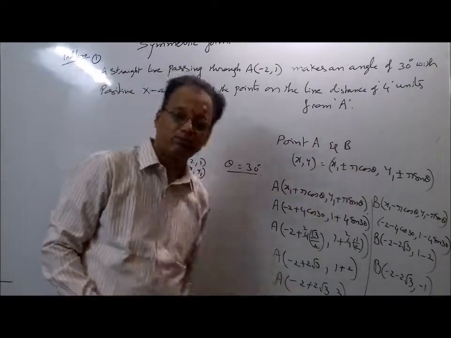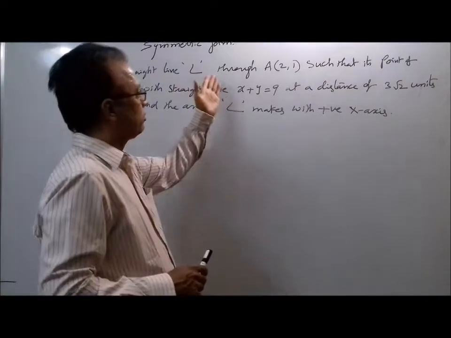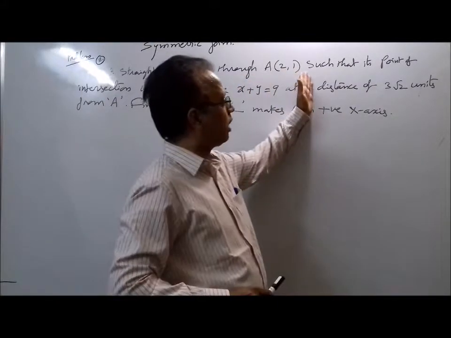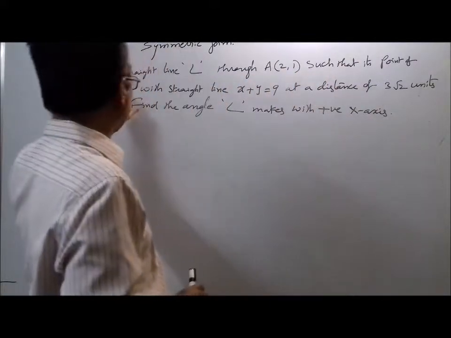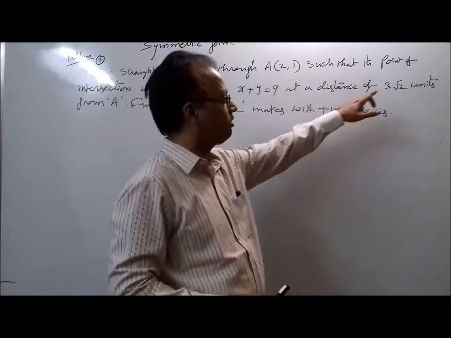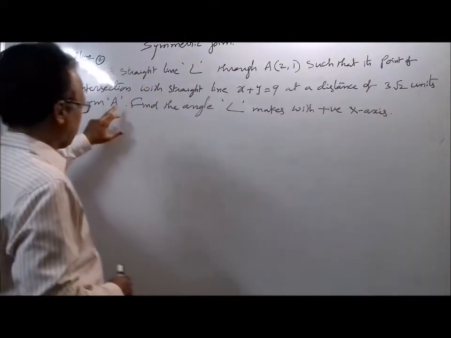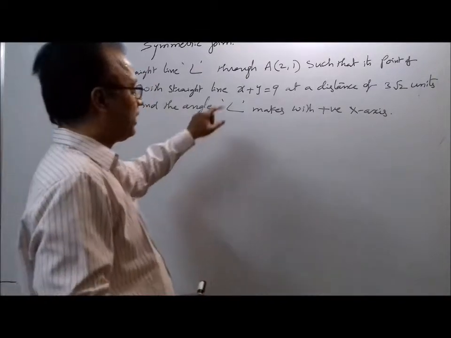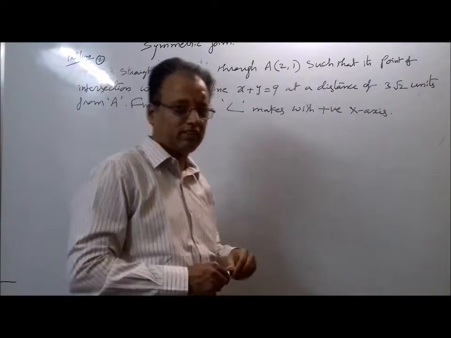Remember this formula. See, a straight line L through A (2, 1) is such that its point of intersection with the straight line x plus y equal to 9 is at a distance of 3 root 2 units from A. Find the angle that L makes with the positive x-axis.